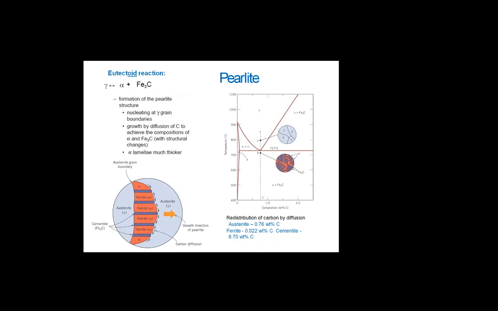The redistribution accompanies the microstructural changes of the eutectoid reaction, which produces alpha ferrite and cementite. This figure shows the progression layer by layer, identifying the microstructural changes. The direction of carbon diffusion is indicated by the arrows, and the carbon atoms diffuse away from the 0.022 weight percent ferrite region to the 6.67 weight percent cementite layer.